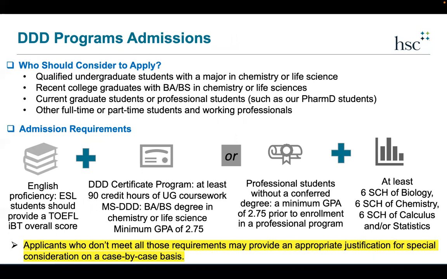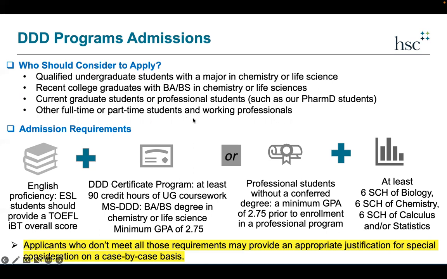First are the qualified undergraduate students with a major in chemistry or life science, and who have completed at least 90 semester credit hours of undergrad coursework with a minimum GPA of 2.75. Recent college graduates with BA or BS in chemistry or life science, as well as the minimum GPA of 2.75. Current graduate students or professional students, such as our pharmacy students, as well as other full-time or part-time students, including working professionals.